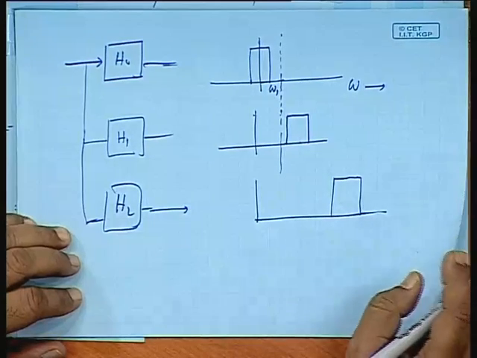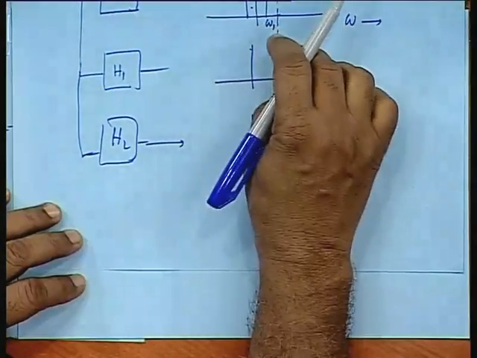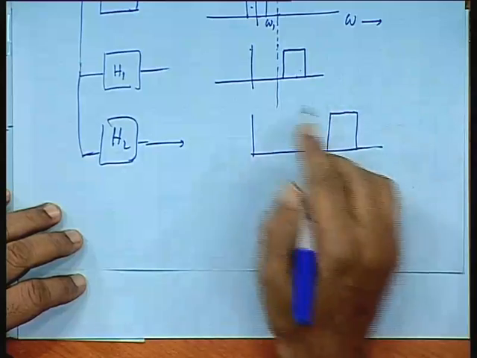So, how do you design such a filter? All of them are basically this gain having a shift of a particular angle.